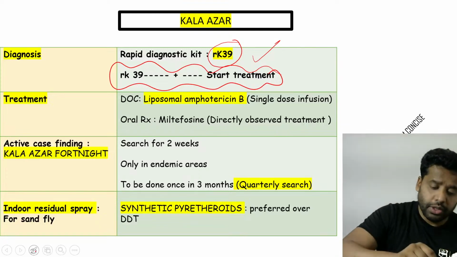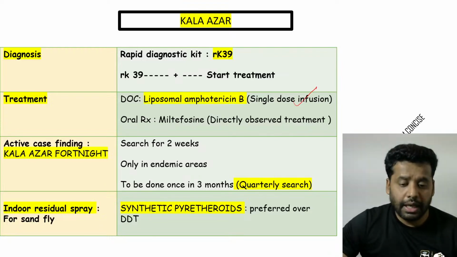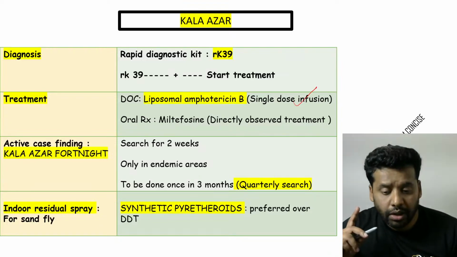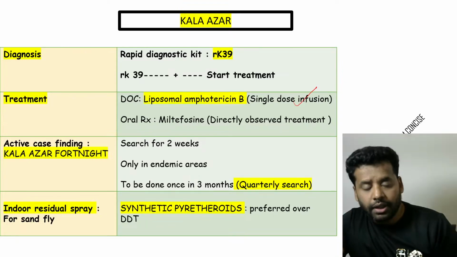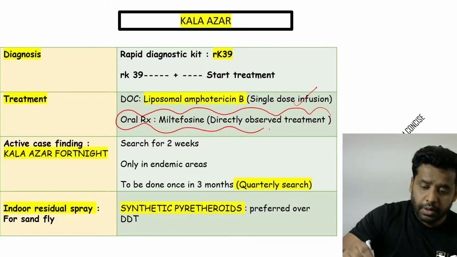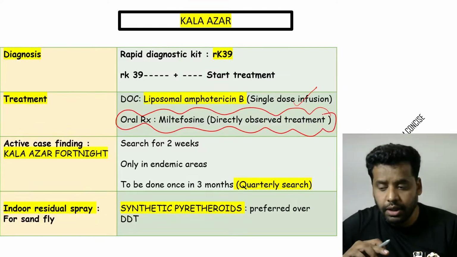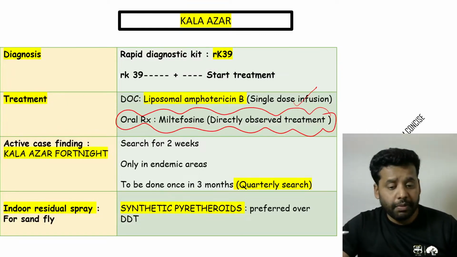What is the drug of choice for Kala Azar? Liposomal amphotericin B, LAM, as a single dose infusion. This is the drug of choice. Miltefosine is given orally and is not the drug of choice. The replacement drug is miltefosine.